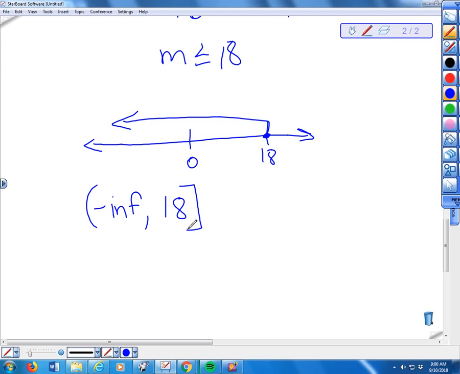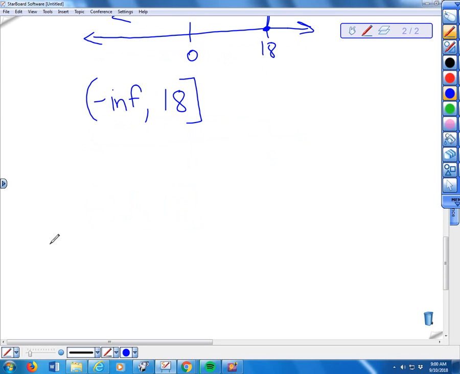In set builder notation it would be x such that x is less than or equal to 18. Those mean the same thing. Good? Okay. Next one.